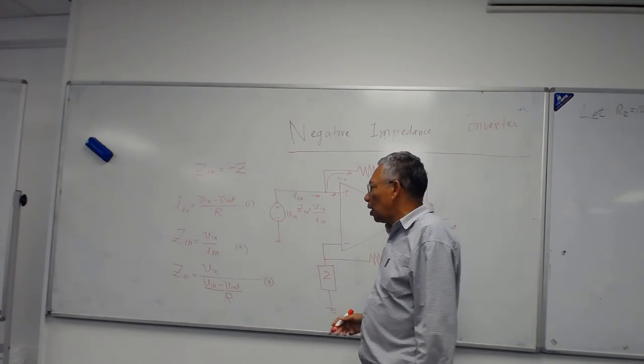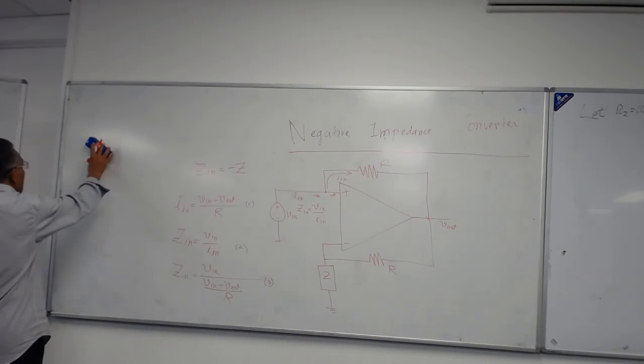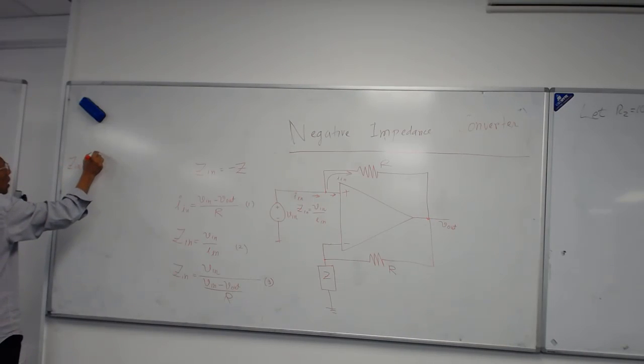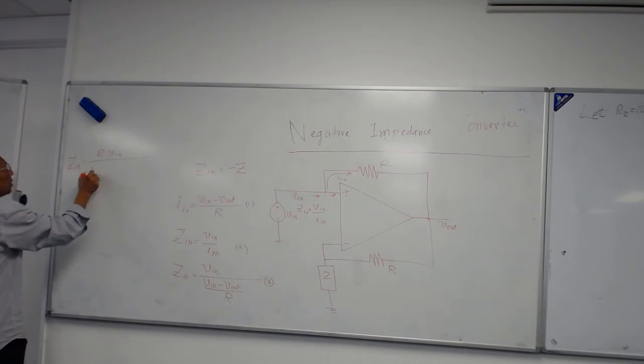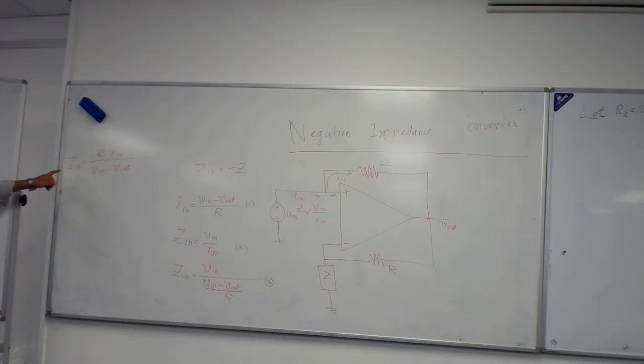Okay. So now we will organize this a bit more. We will write that Z in is equal to R times V in divided by V in minus V out. So if you want to write Z in terms of impedances, what you want to do is cancel V in from the top and bottom.